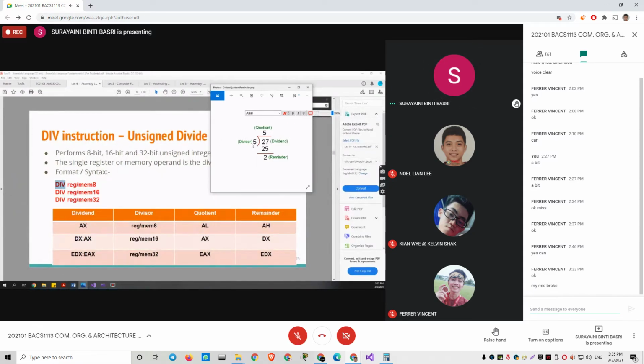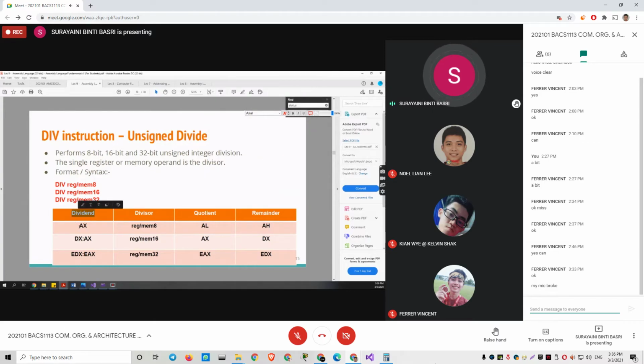Only this part should be specified when you do the div operation. But before that, you need to put something inside your dividend first.